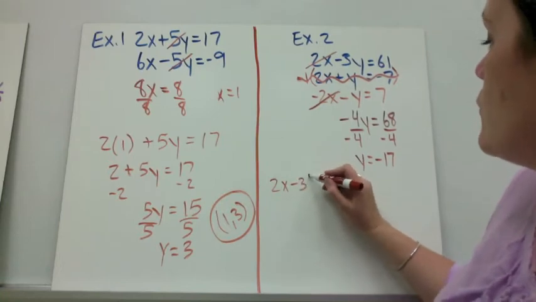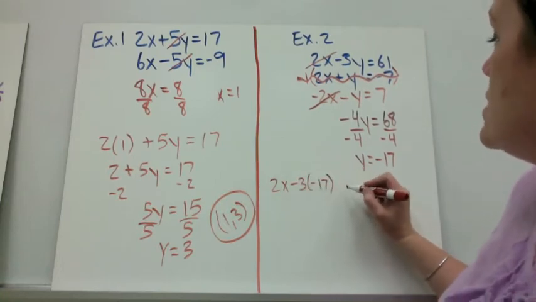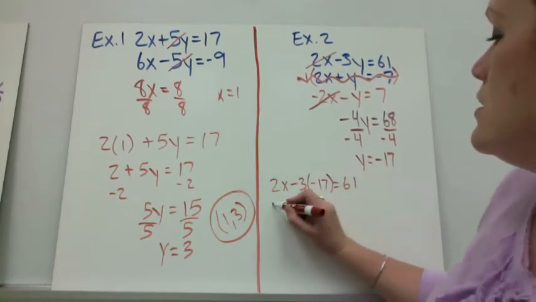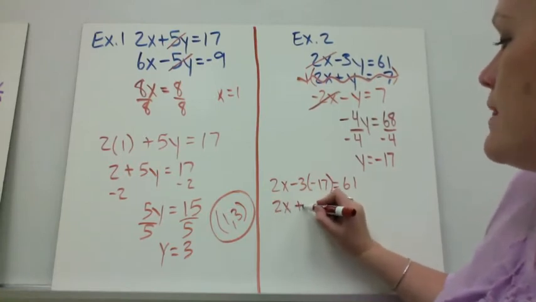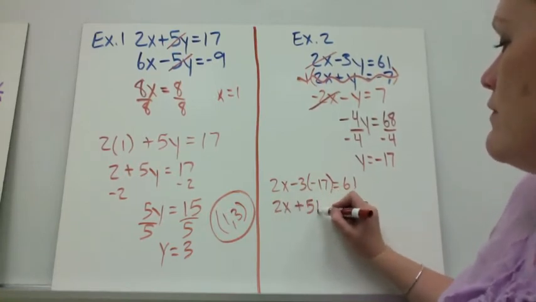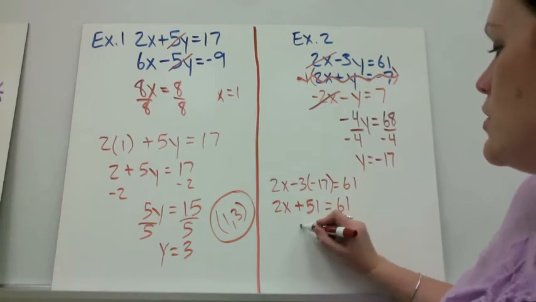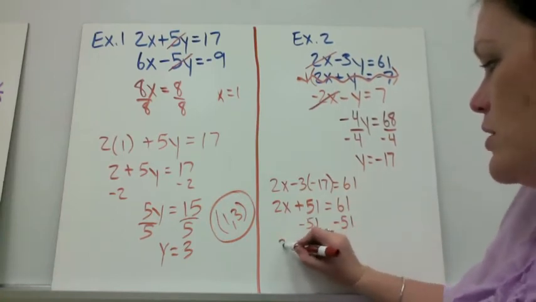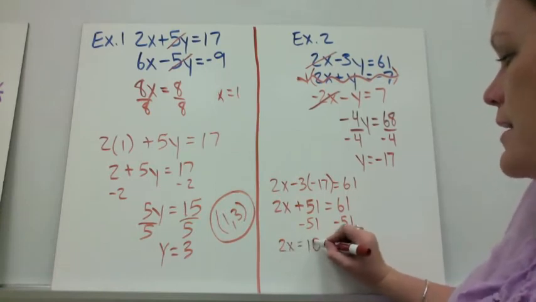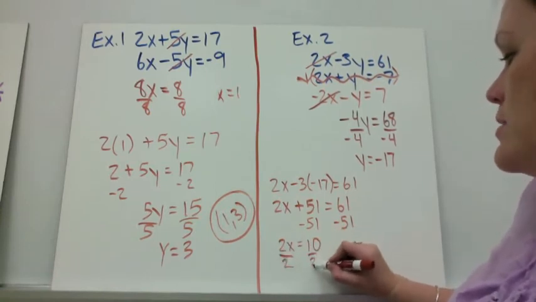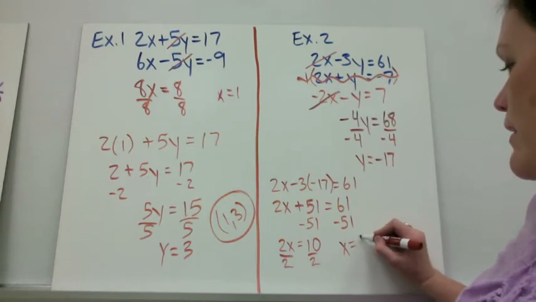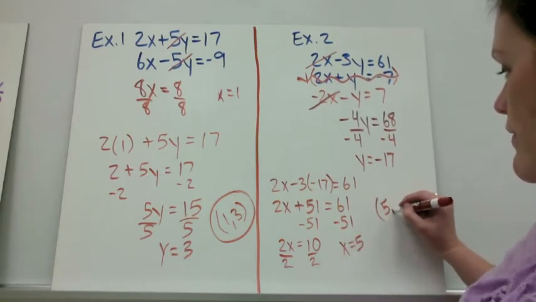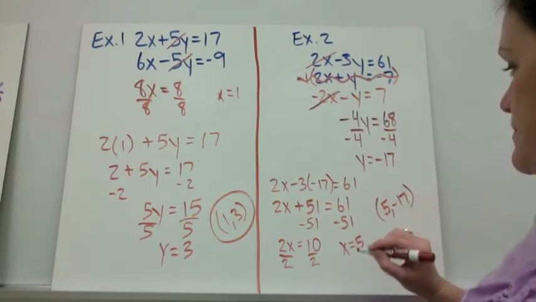So 2x minus 3 times negative 17 equals 61. That turns into 2x plus 51 equals 61. I subtract 51 from both sides and get 10. Divide both sides by 2 and x equals 5. So my solution would be (5, negative 17).